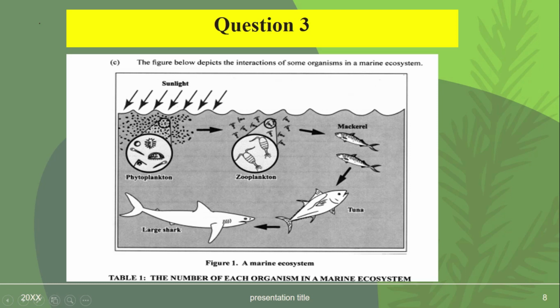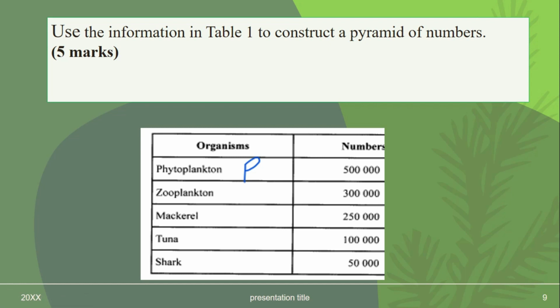All right, nonetheless, let's move to the other part of the question. It's the same question. So it says use the information in table 1 to construct a pyramid of numbers.